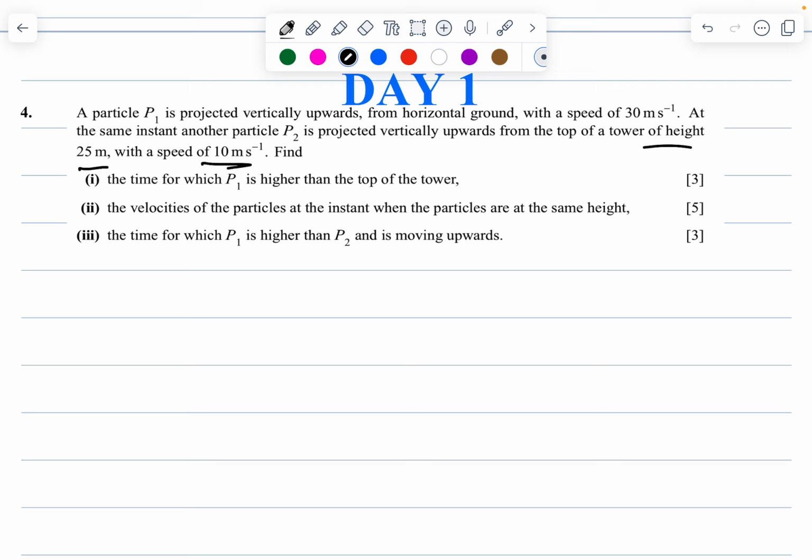Find the time for which P1 is higher than the top of the tower, the velocities of the particles at the same height, and the time for which P1 is higher than P2 and is moving upwards.